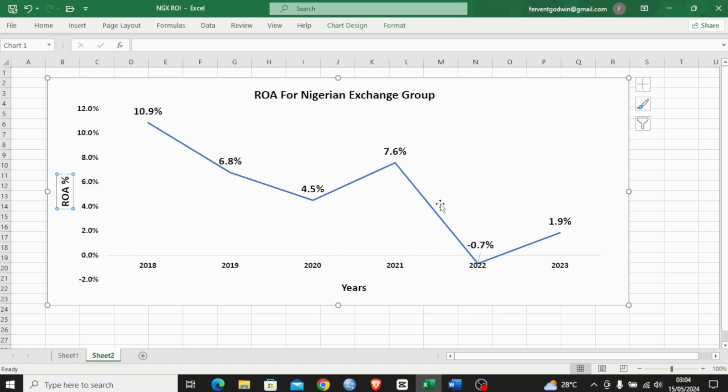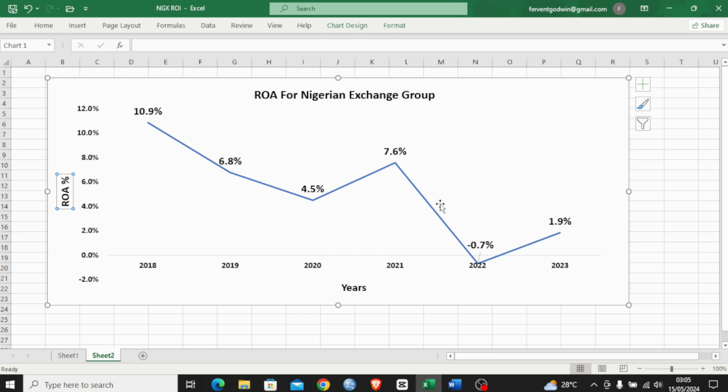The Nigerian Exchange Group was formerly known as the Nigerian Stock Exchange, and it's an organization that has subsidiaries that offer investment related services. So it has different sectors and regulations within itself.